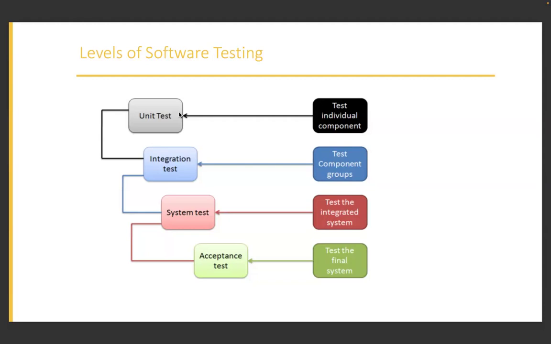Whatever has been created so far, we validate in various browser and OS combinations, to check whether it works as per our expected logic on all the different systems. After that we have UAT, user acceptance testing, where you might have heard the terms beta testing and alpha testing. That happens in the acceptance test scenario.